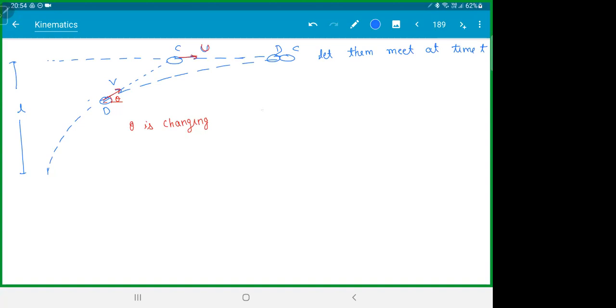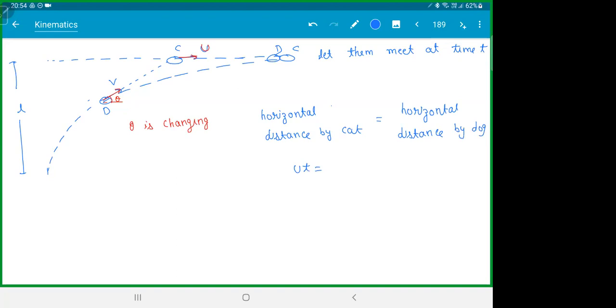Now, the horizontal distance traveled by the cat, which is anyway traveling horizontally only, is equal to the horizontal distance traveled by the dog. So the cat has traveled a distance of u into t.